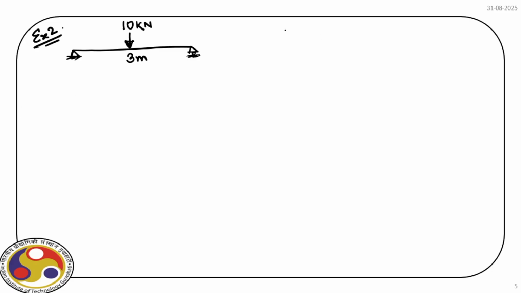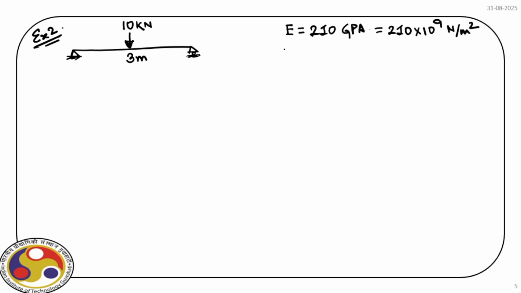The beam is made of steel. Young's modulus is 210 GPa. That means 210 into 10 to the power 9 Newton per meter square.